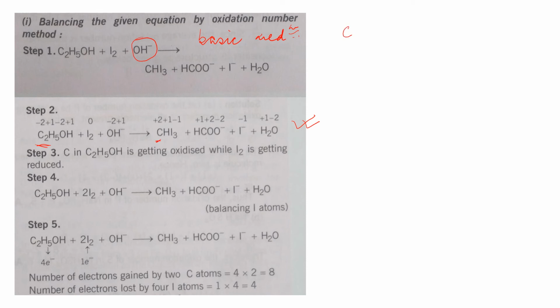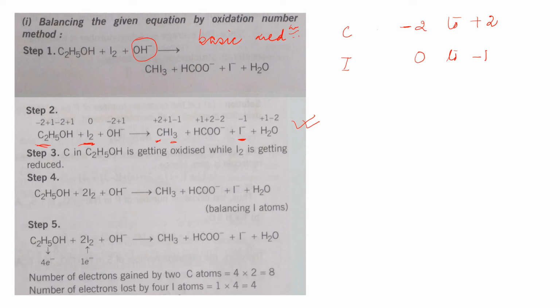That means it is an increase in oxidation number, so carbon is undergoing oxidation. Now see for iodine, the oxidation number is changing from 0 to -1. That means iodine is undergoing reduction.